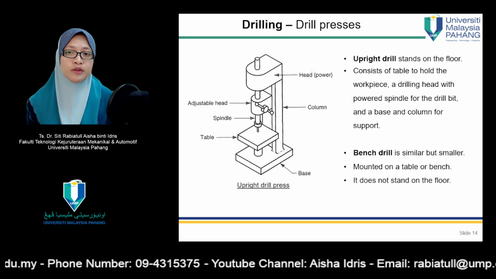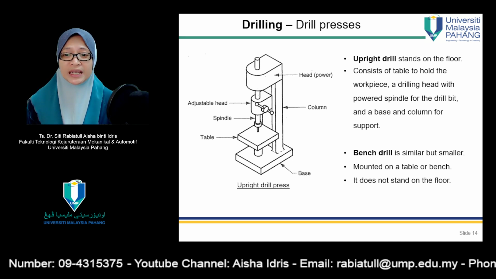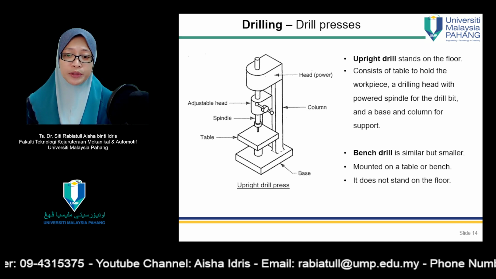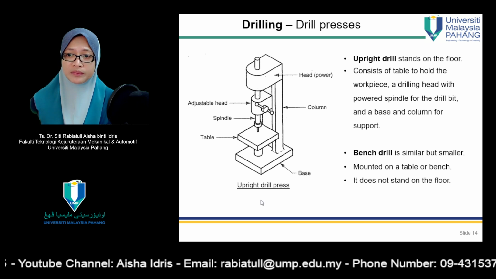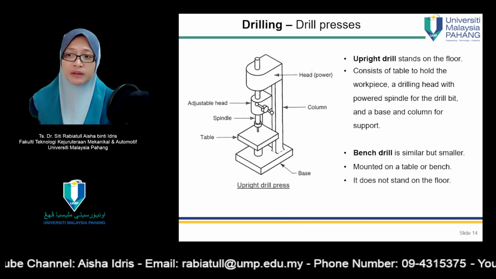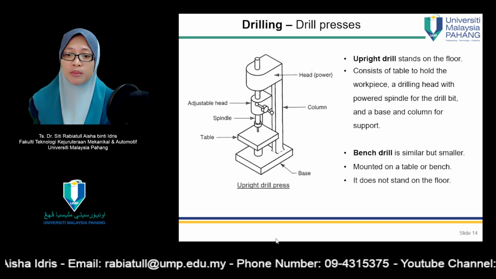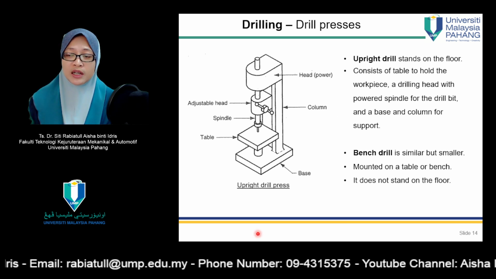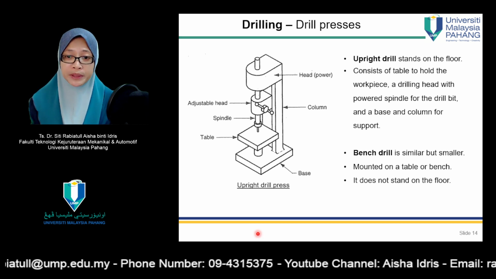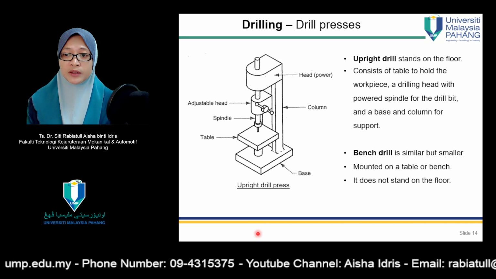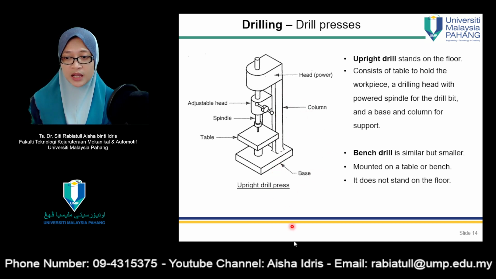So now let's move on to a drilling press, or a machine that is used for drilling. Number one is the upright drill press. As you can see from this figure here, the upright drill stands on the floor, normally used on the floor, and consists of a table to hold the workpiece, a drilling head powered by a powered spindle for the drill bit, and a column and base for support.